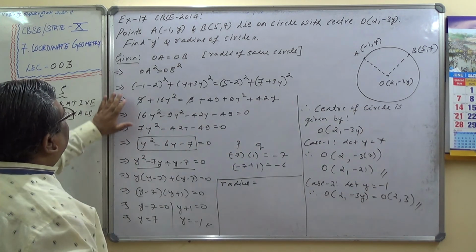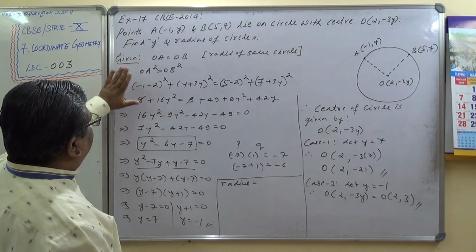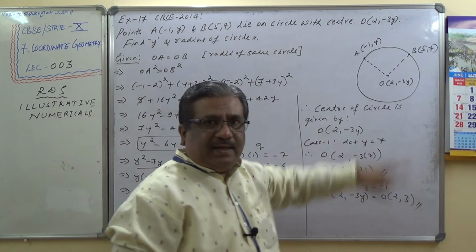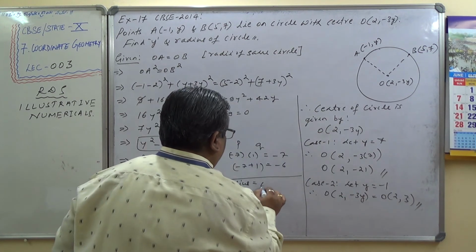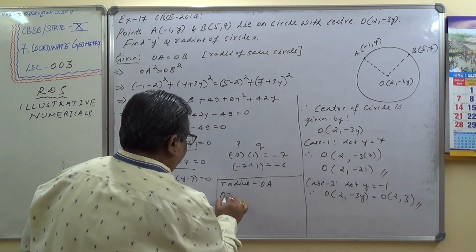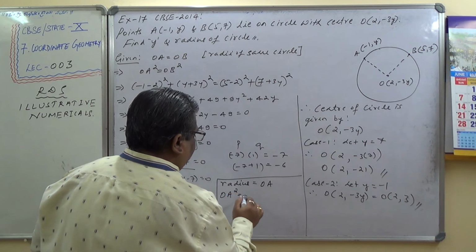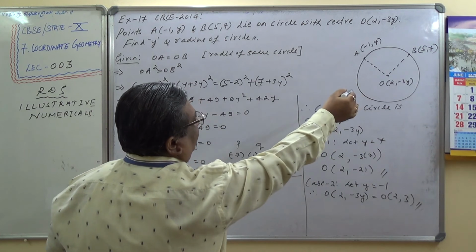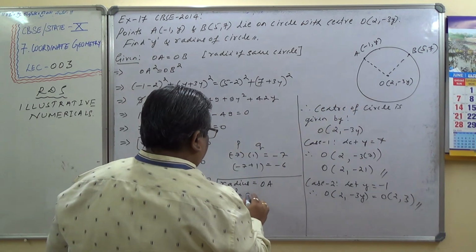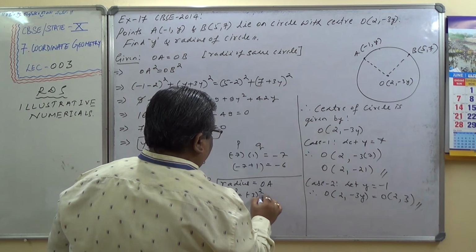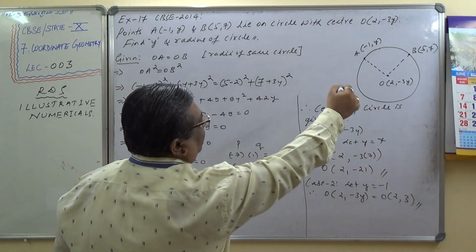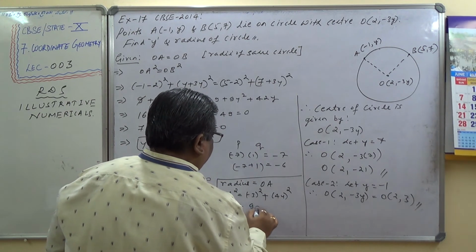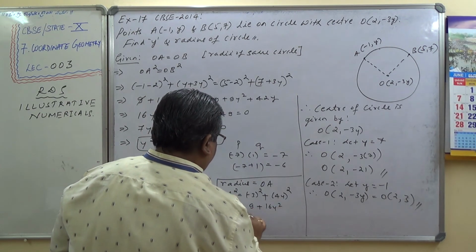What is OA equal to? OA square is there. Let me find out OA. That's the radius. So first I will write OA square is equal to, and then find out OA. OA square is equal to minus 1 minus 2 the whole square plus y minus of minus 3y, the whole square, which is 9 plus 16y square.